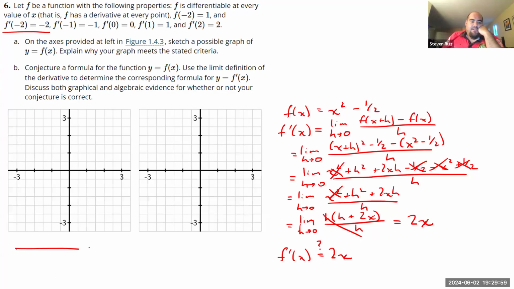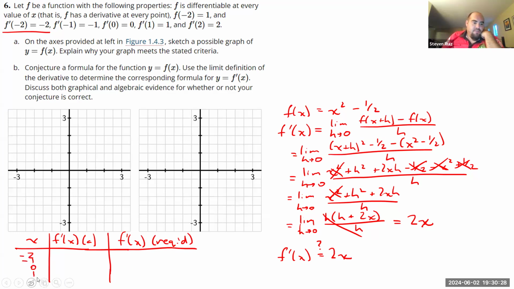So let's make a table here. We have x. We have the f prime of x that came from part A, and the f prime of x that is required, because that's what is given in the problem. So what values do we have derivatives for? We have -2, -1, 0, 1, and 2.